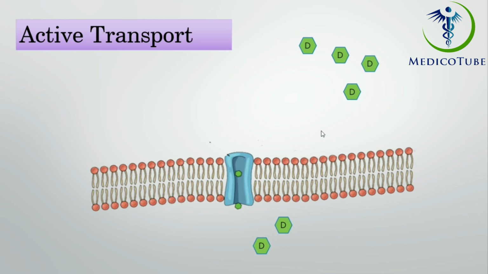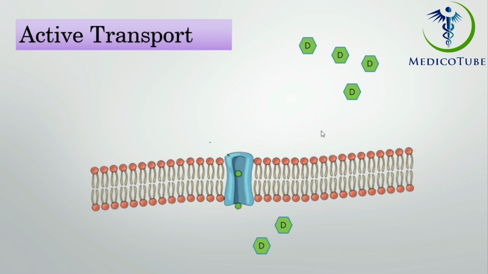Drugs that closely resemble the structure of naturally occurring metabolites are actively transported across the cell membrane using specific carrier proteins. It is energy dependent. So here is the difference: we need energy and carriers, then the drug can cross the cell membrane.